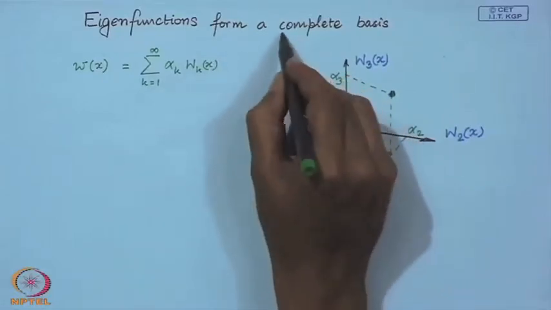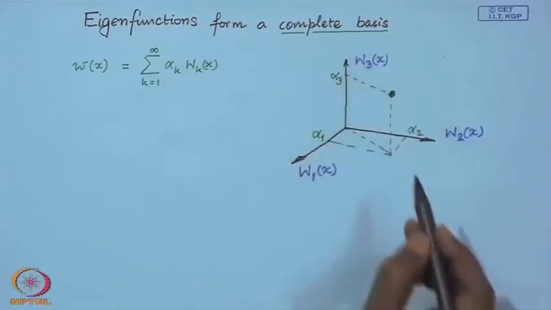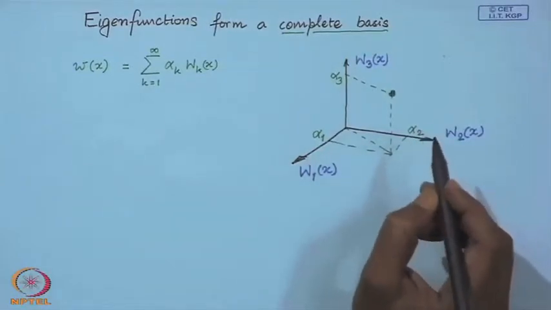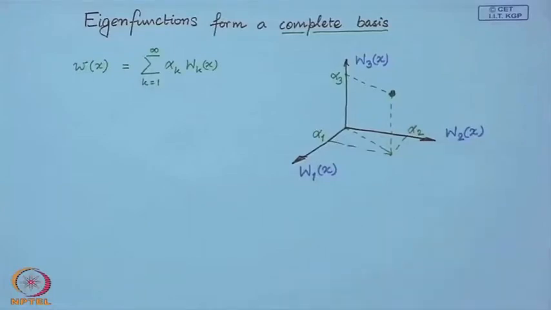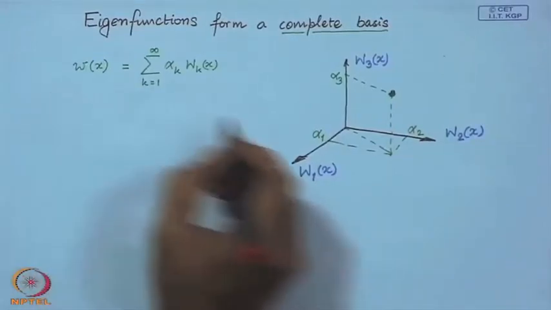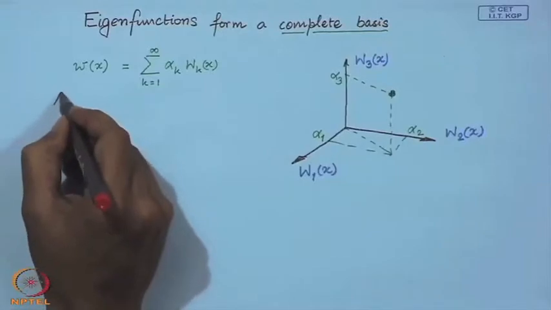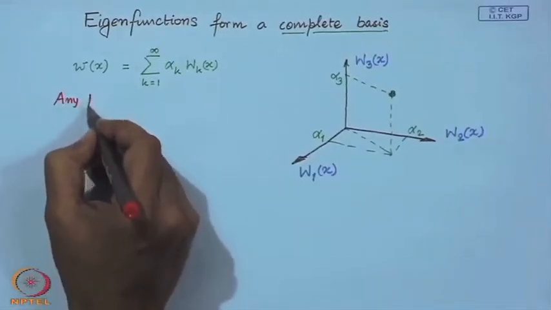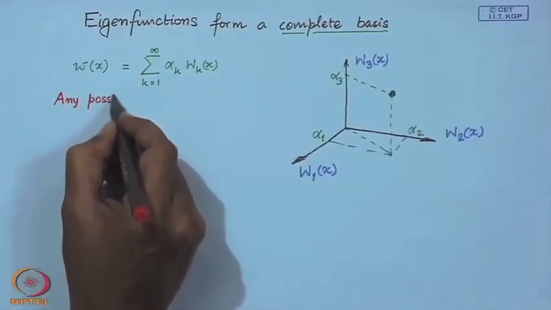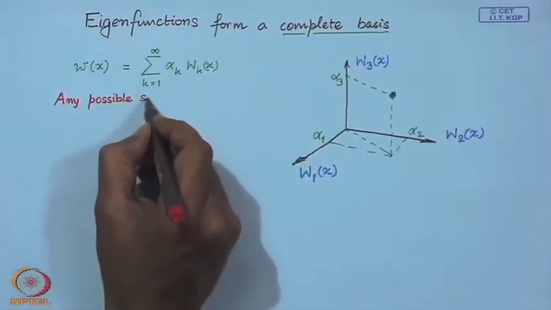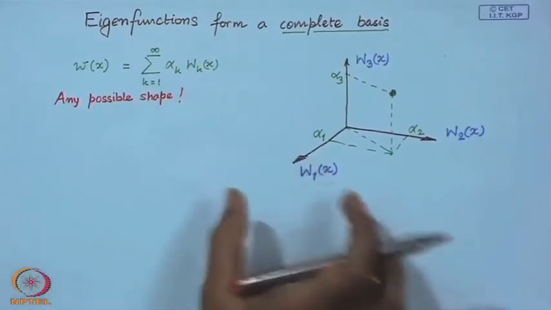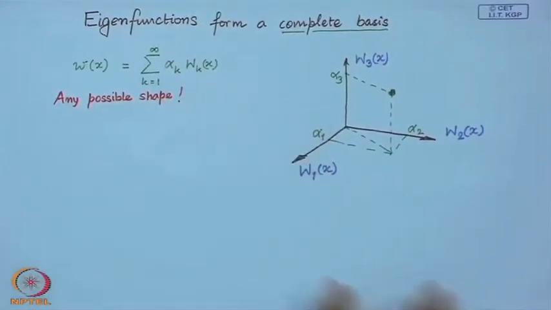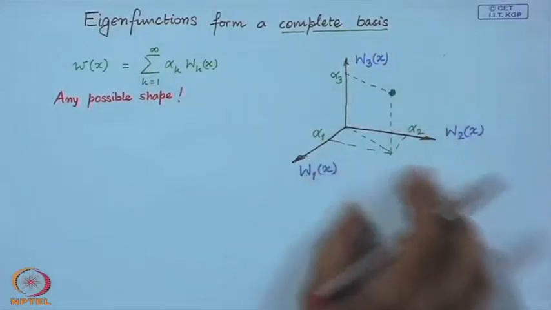When we say this forms a complete basis, it means that any possible shape of the beam can be represented using these eigenfunctions.